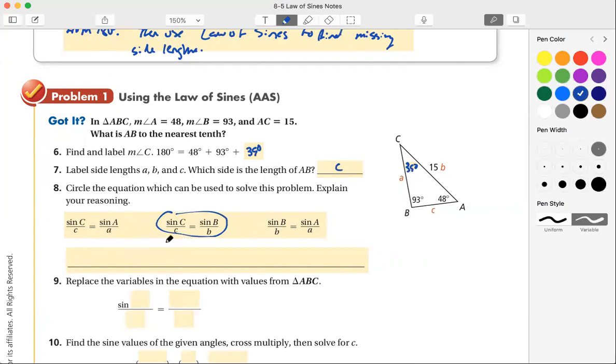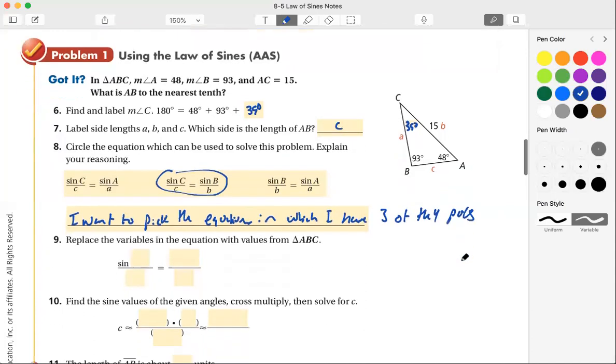Okay, I want to pick the ratio or the proportion, the equation, in which I have 3 of the 4 parts. Okay, so replace the information.